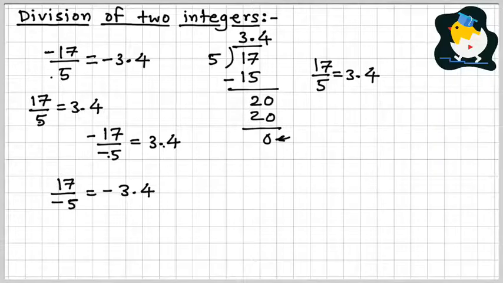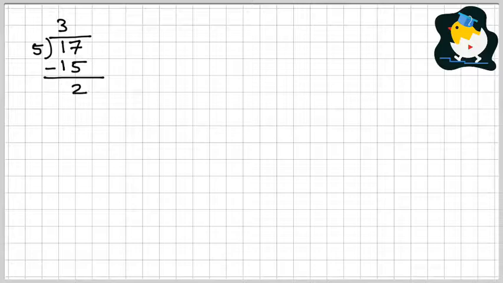Going further, let's talk about the remainders. Let me start with this example again. If I am dividing 17 by 5, so we have 5 threes are 15, and if we subtract, 2 is remaining. What does it mean? Let's say there are 5 people named A, B, C, D and E. If I divide these 17 things, I will go on distributing.